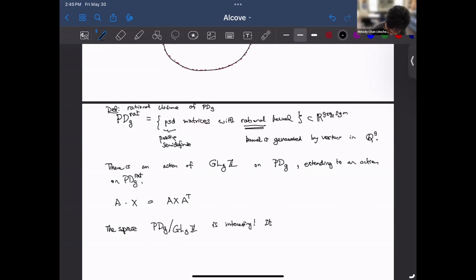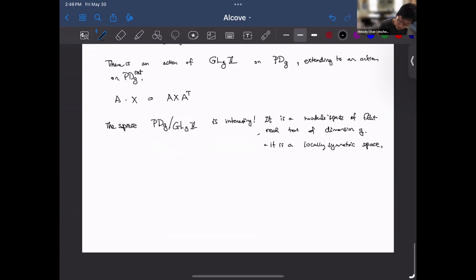It is a moduli space of real tori with flat metric, so flat real tori of dimension G. And it is an example of a so-called locally symmetric space in the sense of differential geometry.